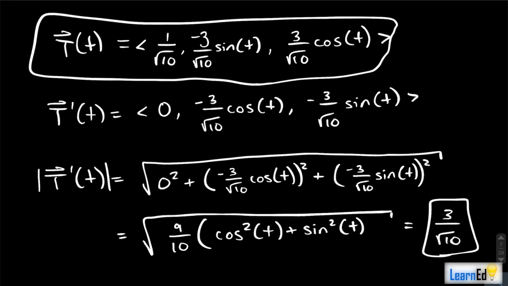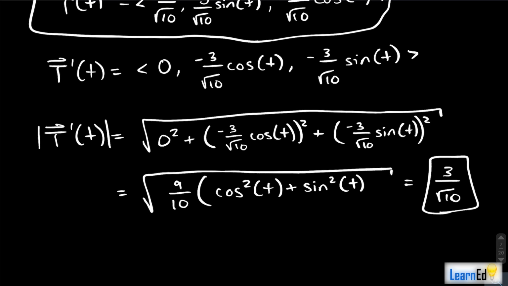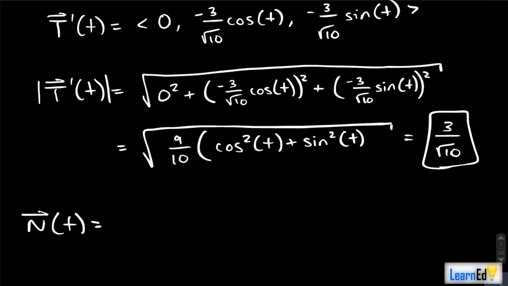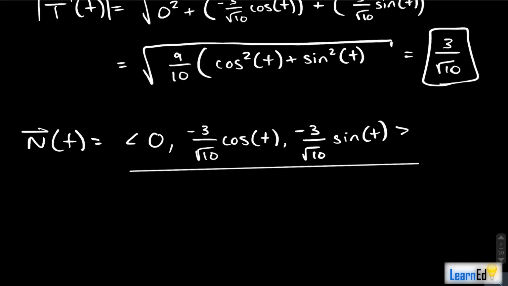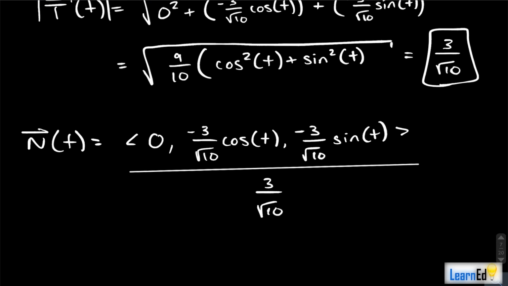All right, so now all we have to do is put these things over each other. So we have that the unit normal vector is equal to the vector 0, negative 3 over rad 10 cosine t, negative 3 over rad 10 sine of t, and that's going to be all over 3 over rad 10.